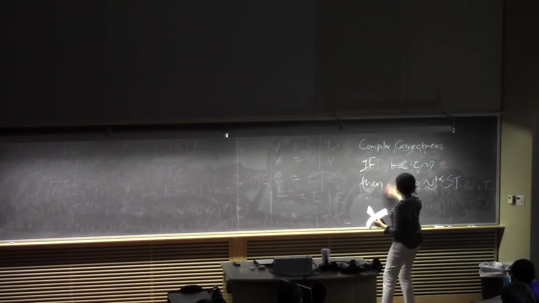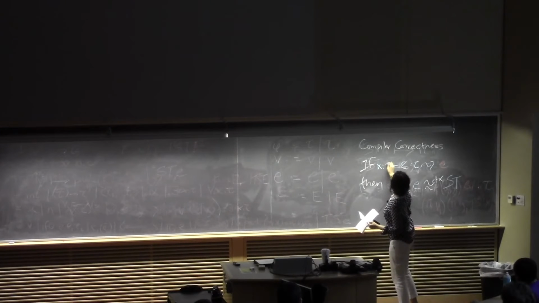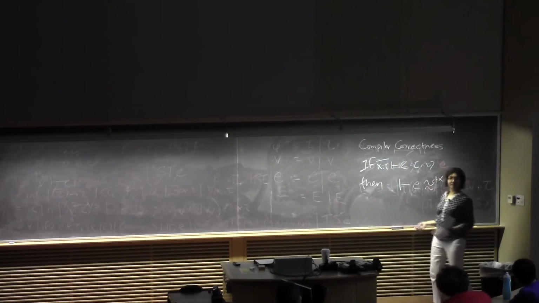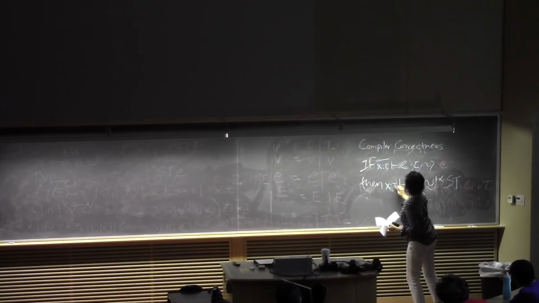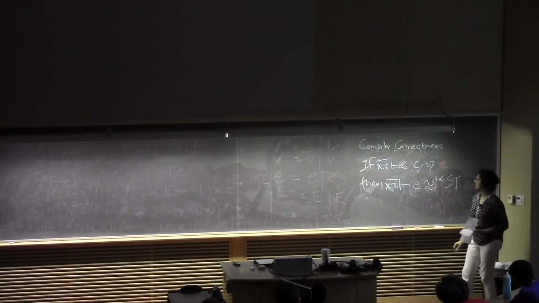I'll cheat a little by writing my gamma as a vector of x's, which is what it is, right? But now on this side, we need to do a substitution.